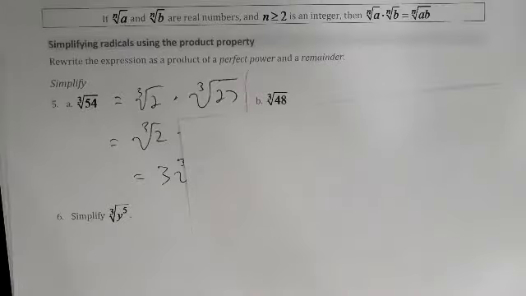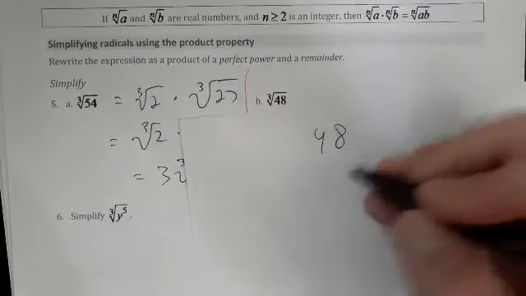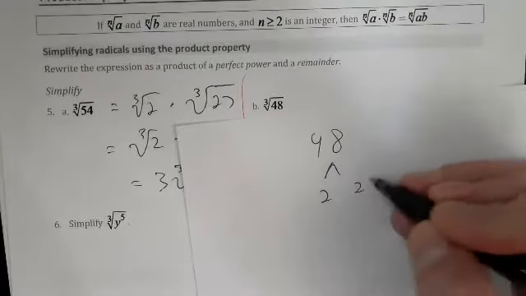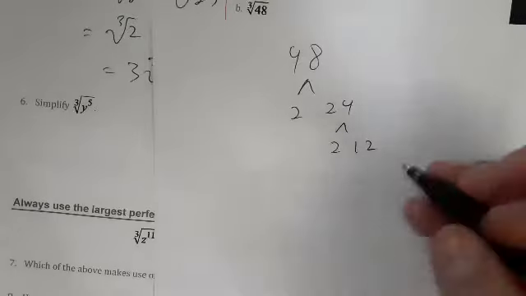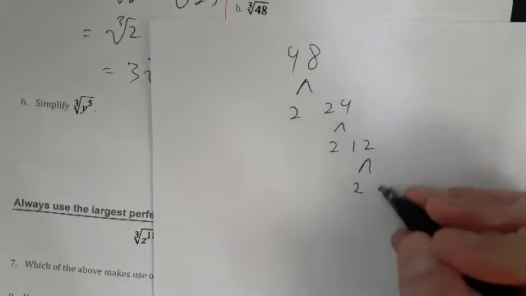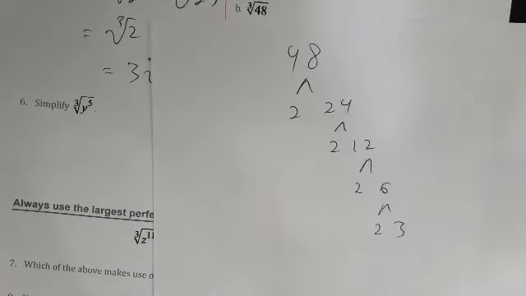So if we look at 48, like 2 and 24, 2 and 12, 2 and 6, 2 and 3. So it looks like I have 4 2s and a 3.